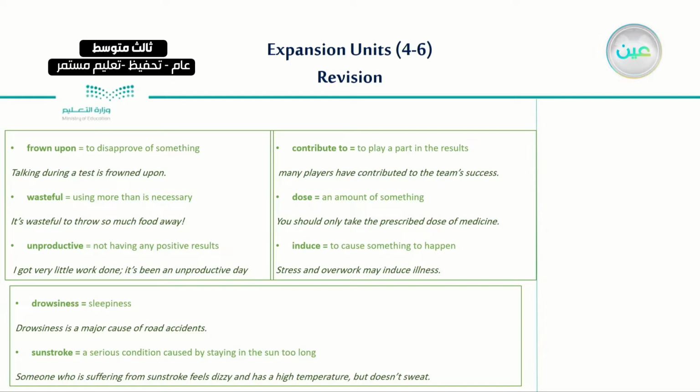And contribute means to play a part in the result. And also a dose, which is an amount of something, and induce, to cause something to happen. And also we have read about drowsiness, which means sleepiness, and sunstroke, which is a serious condition caused by staying in the sun too long. And we gave examples on all of these new vocabulary and terms.